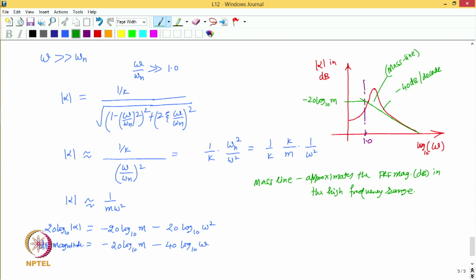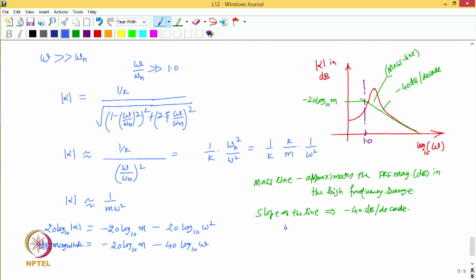Also, the slope of this line is minus 40 dB per decade. So, why is that so? We can understand this in this manner.